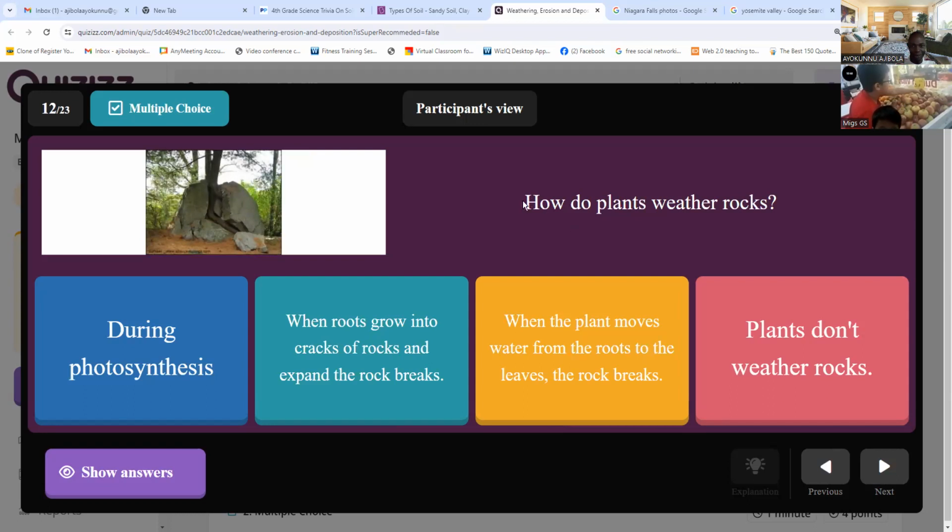So let's read the question. How do plants break down rocks? Read the options. Plants don't weather rocks. I see the tree in the picture. Yeah, the root has broken the rocks.